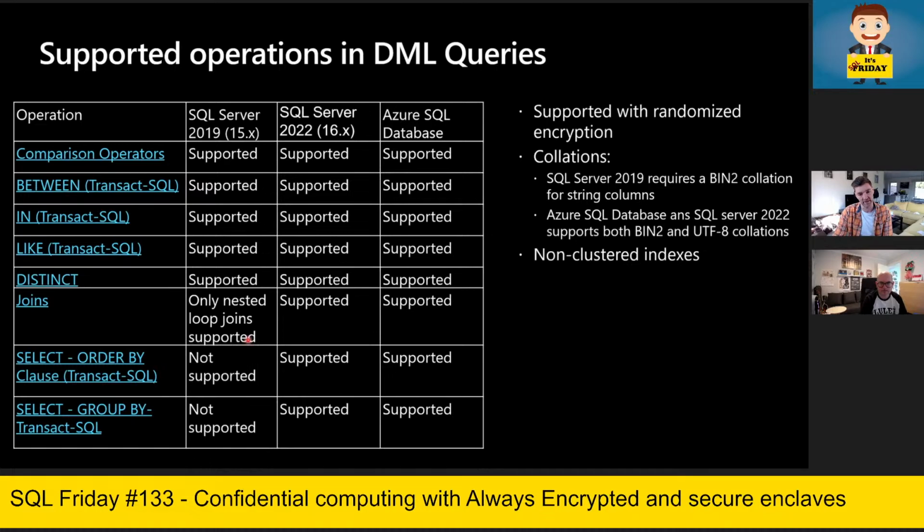This is all available in Azure SQL DB and in SQL Server 2022. Only order by and group by are not supported in SQL Server 2019. It is also possible to create non-clustered indexes on encrypted columns if you're using the enclaves. So that is all possible.